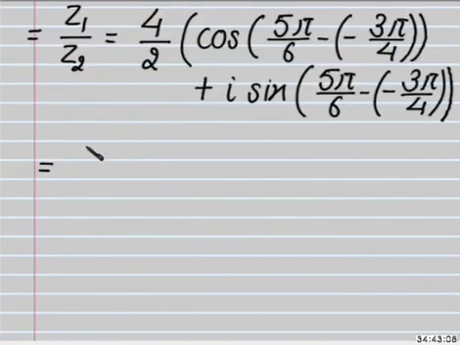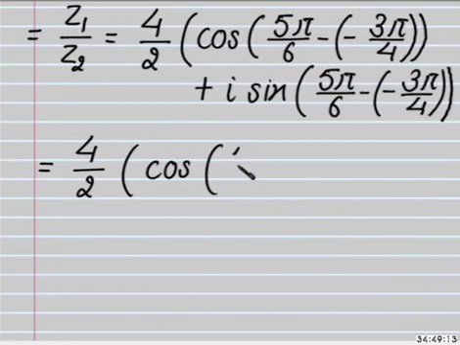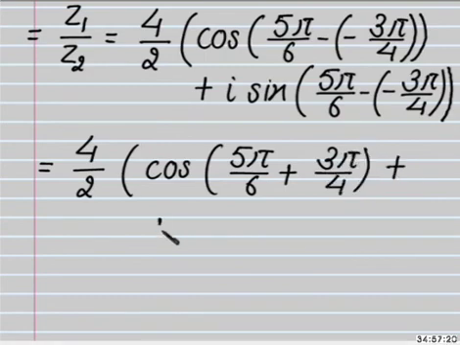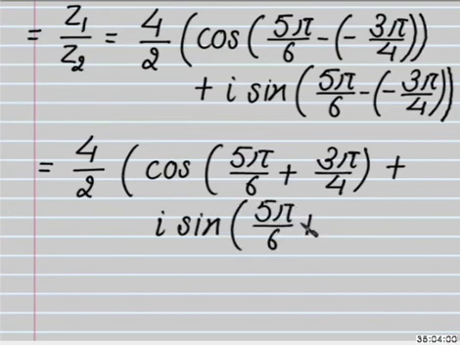So it is equal to 4 by 2 into cos of 5 pi by 6 plus 3 pi by 4 plus iota into sine of 5 pi by 6 plus 3 pi by 4.